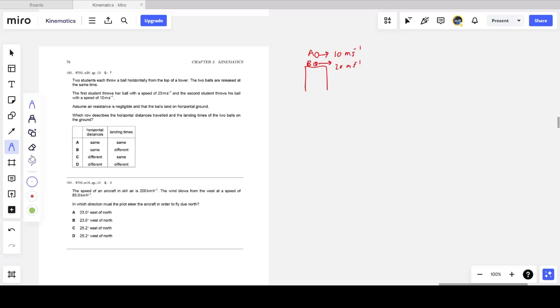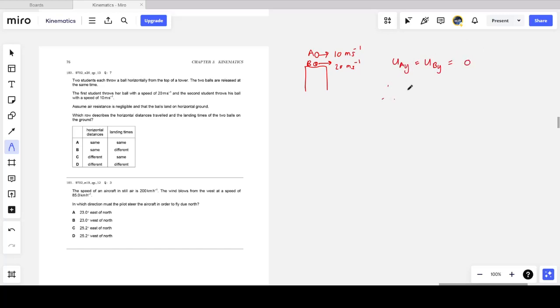But we are told that the balls are thrown horizontally. There's no vertical component to this velocity. So the initial vertical component for each ball is 0. So UAY and UBY, initial velocities are both 0.